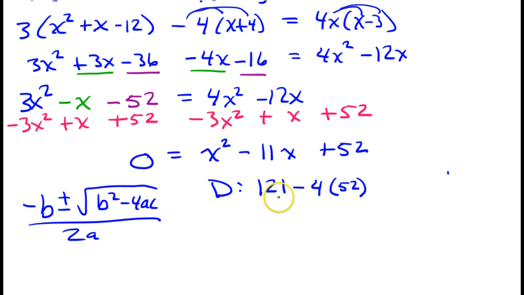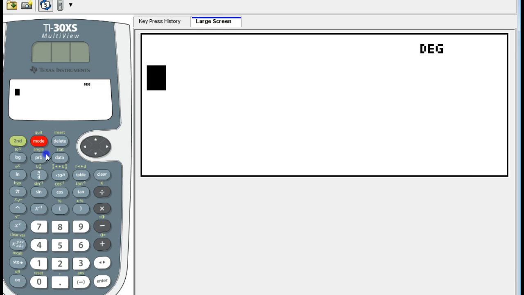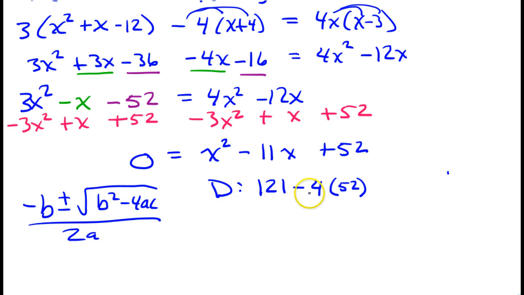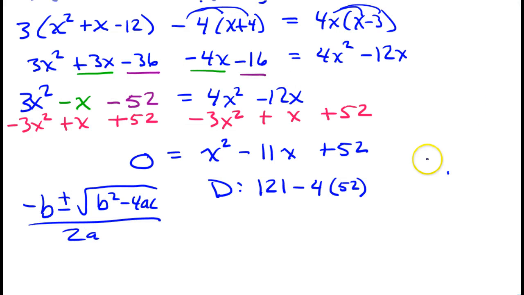All right, so my discriminant is whatever this is. So it's 121 minus 4 and 52. Boom. Negative 87. That negative 87 means I'm looking at imaginary numbers.